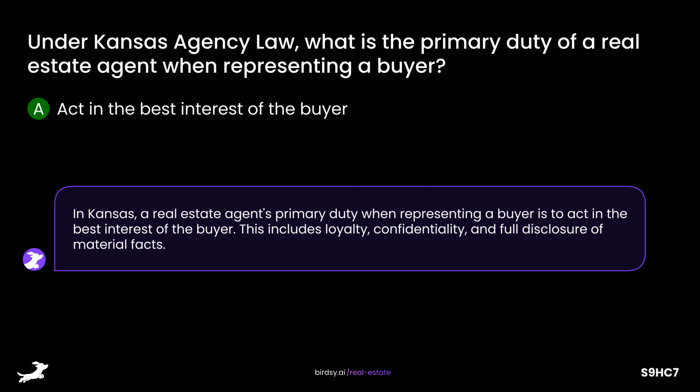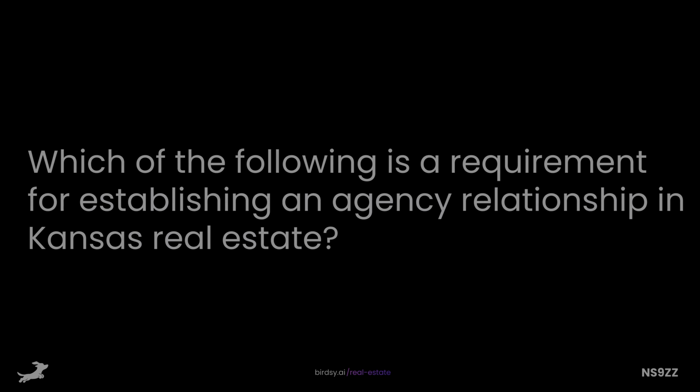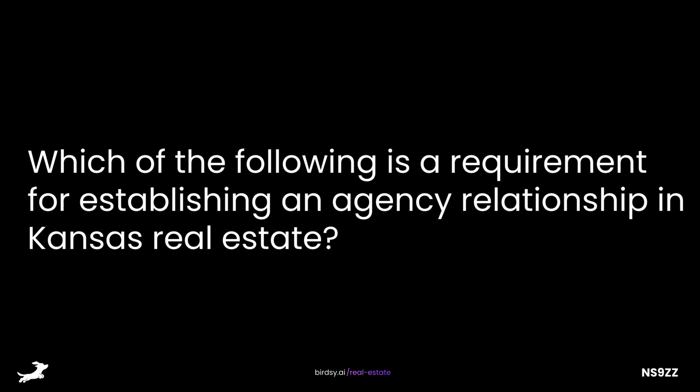In Kansas, a real estate agent's primary duty when representing a buyer is to act in the best interest of the buyer. This includes loyalty, confidentiality, and full disclosure of material facts. Which of the following is a requirement for establishing an agency relationship in Kansas real estate?